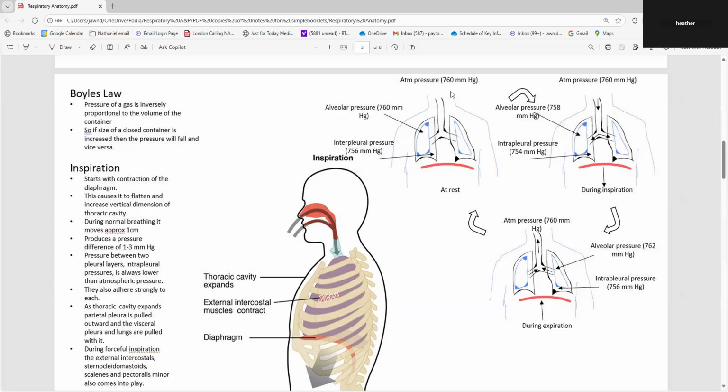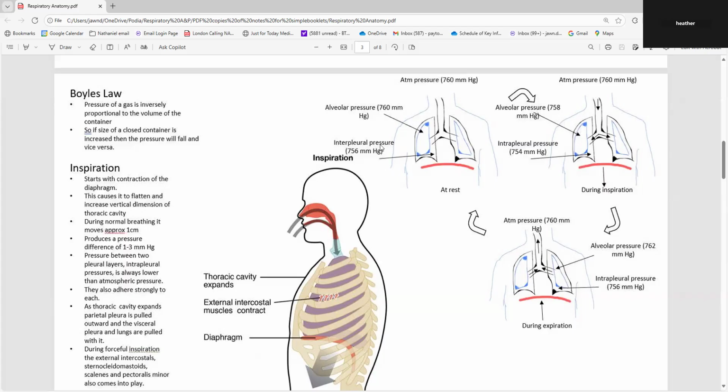Okay, so look at these airway pressures here. This is at rest, and these are in millimeters of mercury. At rest, the atmospheric pressure is 760 millimeters of mercury. The pressure in the lungs at rest is also 760 millimeters of mercury.